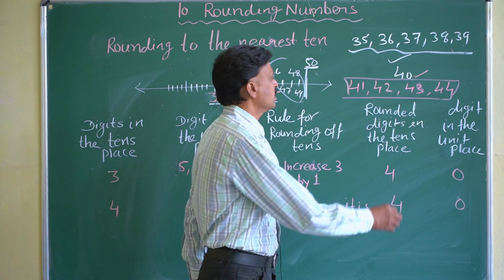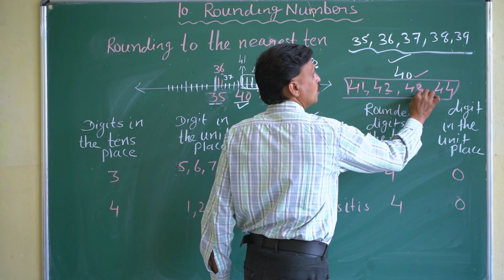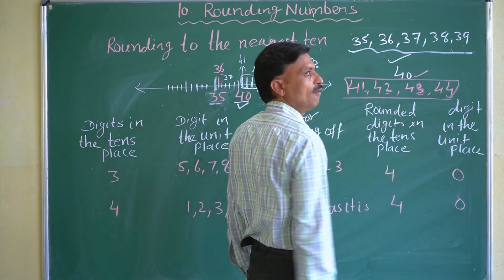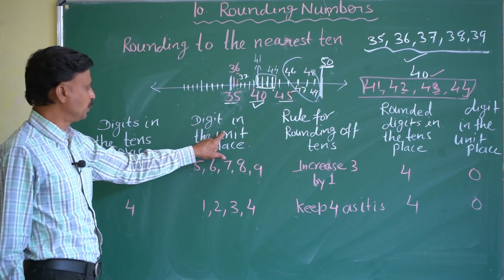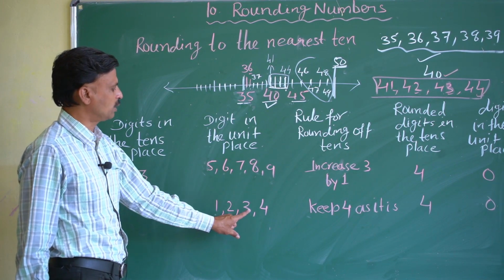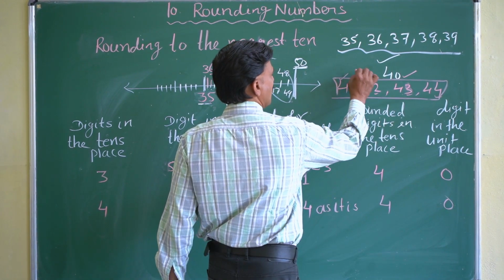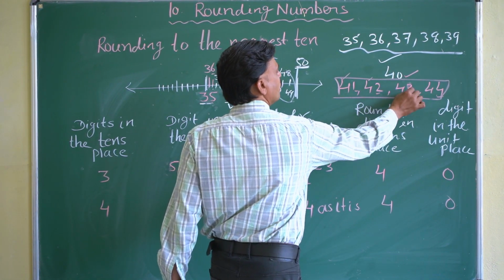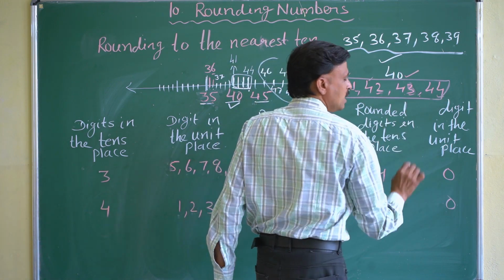Why? Because the unit place digits are 1, 2, 3 and 4. According to the rule, if the digit in the unit place is 1, 2, 3 or 4, we keep the 10th place digit as it is. So we keep the 4 as it is and the unit place digit becomes 0.